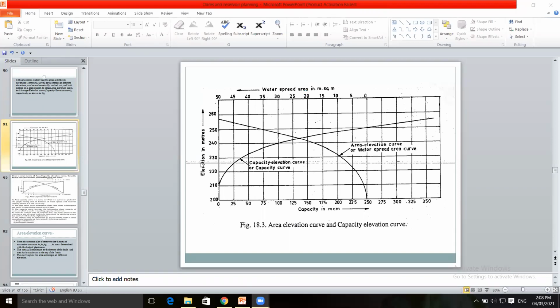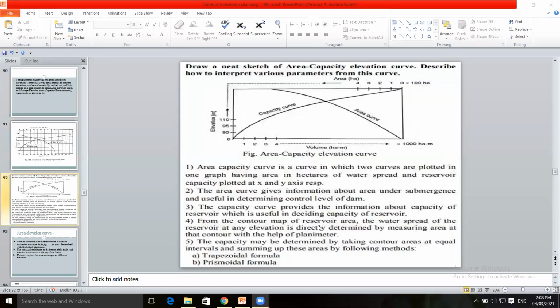Area is at the top and capacity at the bottom. From this we get the reservoir capacity. The volume is measured in hectare meters and elevation is measured in meters.